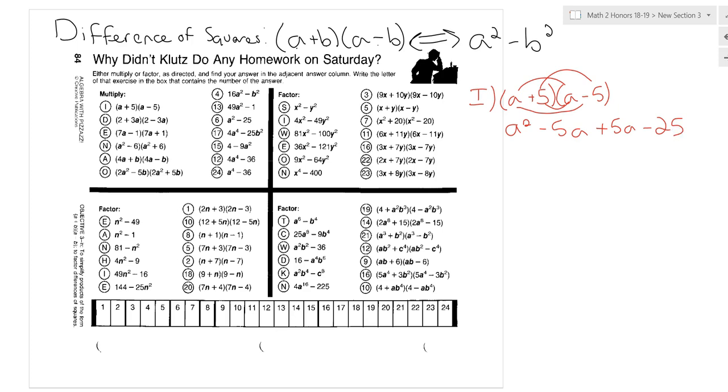Okay, so this is where this part comes from. If you notice, a squared, and this and this are opposites. Negative 5a plus 5a is just 0, minus 25. So that is a squared minus 25, which is number 6. So number 6 is I.